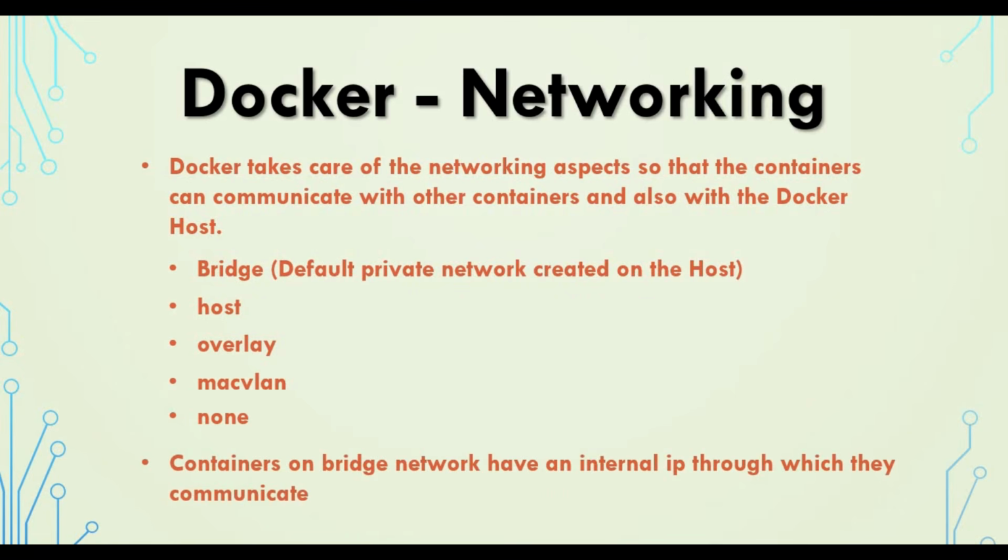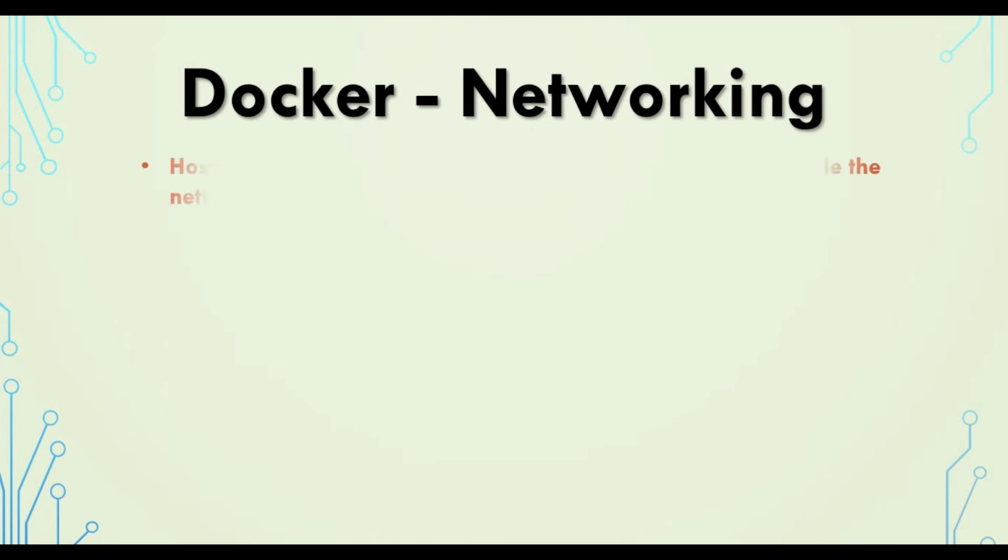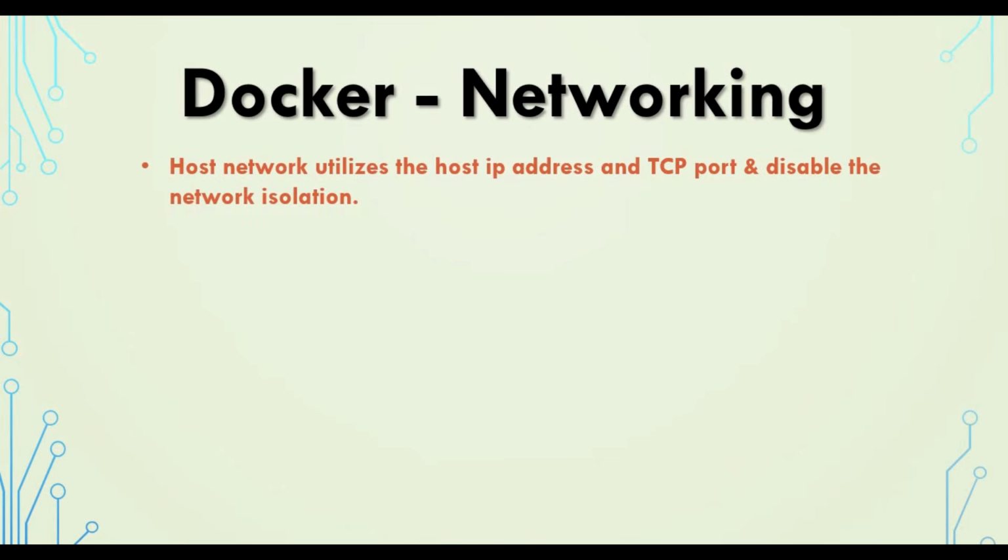Let's go through this a little bit more. Containers on a bridge network have an internal IP through which they communicate. That is the bridge network. The host network utilizes the host IP address and the TCP ports, and disables network isolation, because it uses the host IP address itself. So it will not give isolation between different containers.